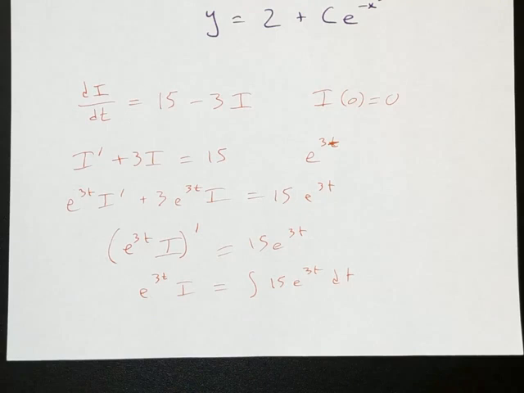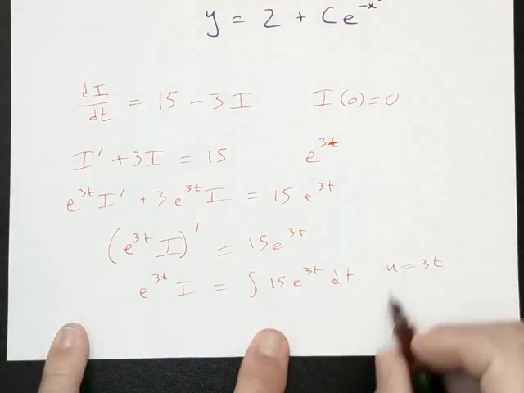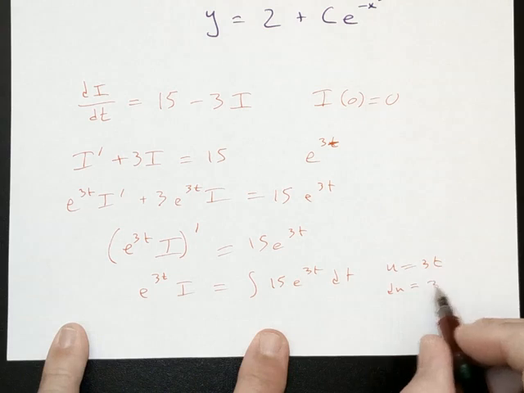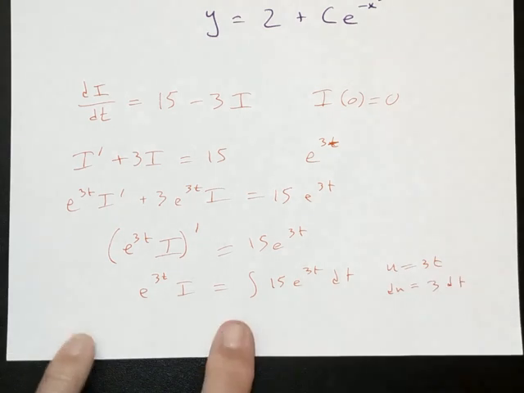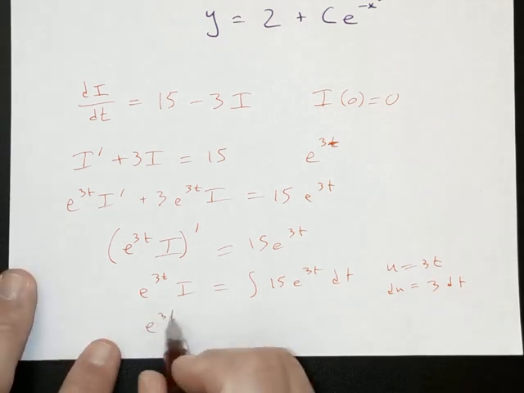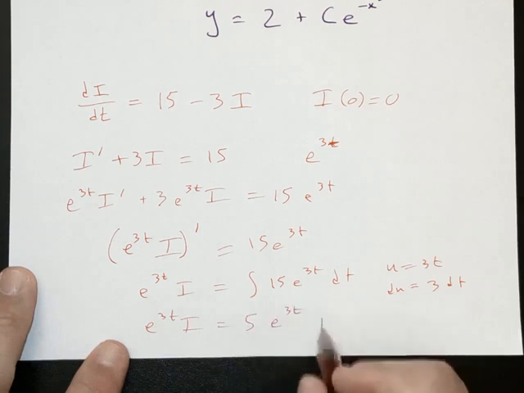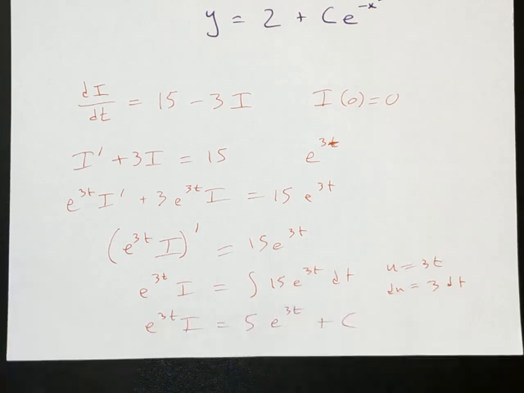Wait a minute. This is another u substitution. U equals 3t, du equals 3 dt. I have a 15. When I divide by the 3, I'll get a 5. e to the 3t I equals 5 e to the 3t plus c.